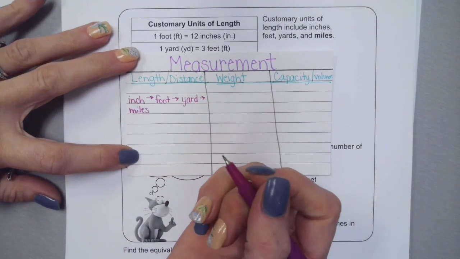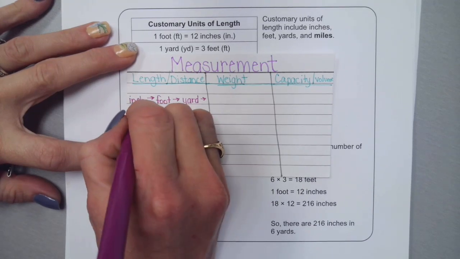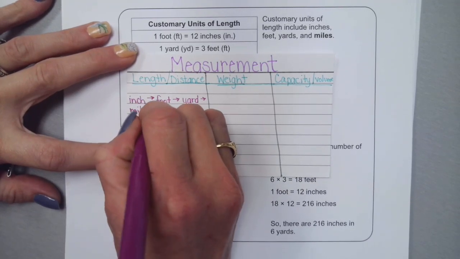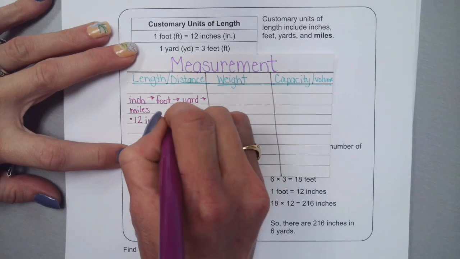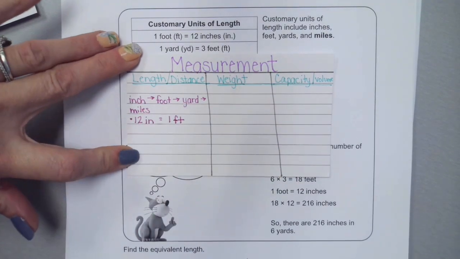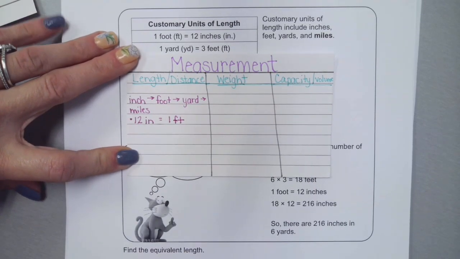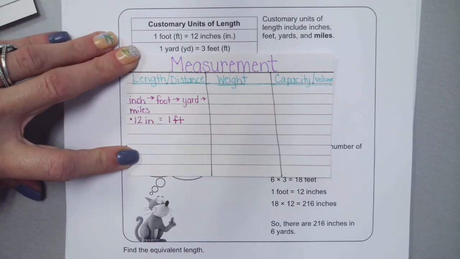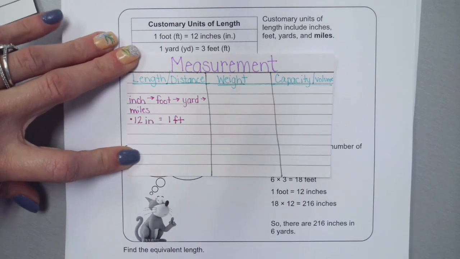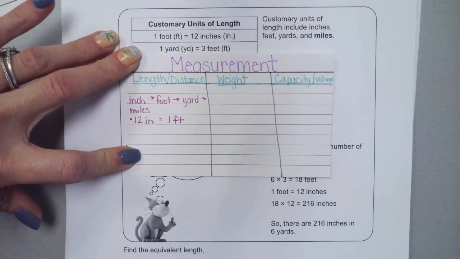So, does anybody know how many inches are in 1 foot? 12. Yeah, 12. So 12 inches equal 1 foot. How many feet equal a yard? 3.